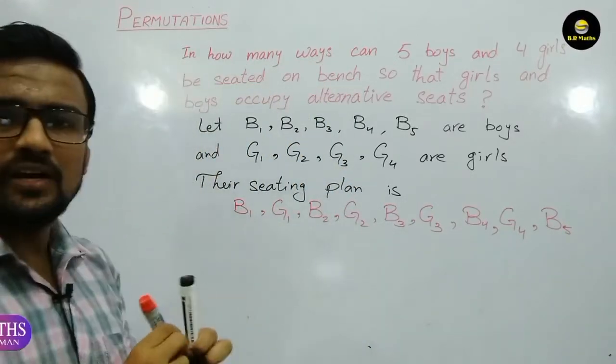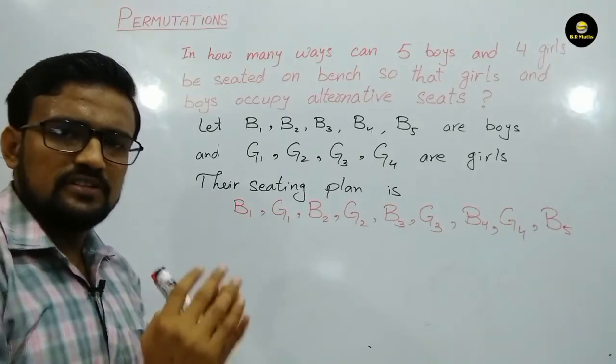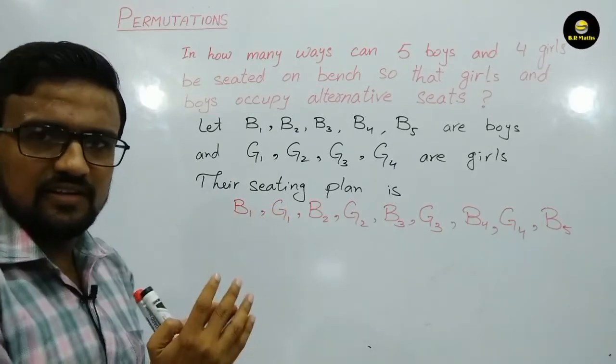So there are 5 boys and 4 girls. It means the permutation of boys and girls.